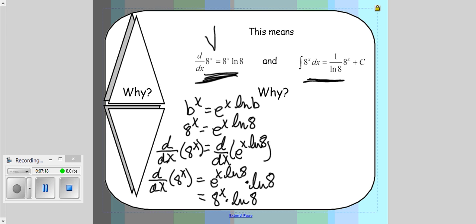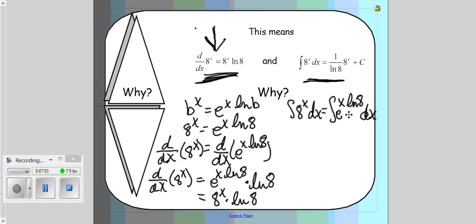Sorry y'all, and yes, it's gone, but y'all are used to seeing that now that you've worked with this tablet. On this other one over here, instead of taking a derivative, I want to integrate. So I am integrating 8 to the x dx. That is going to be the integral of e to the x natural log 8 dx.